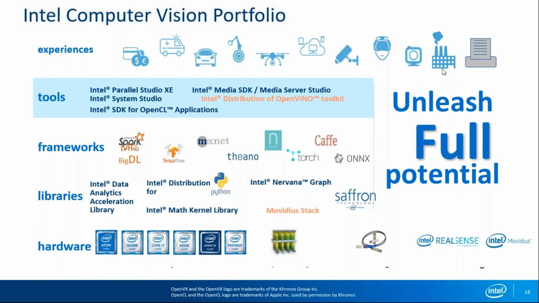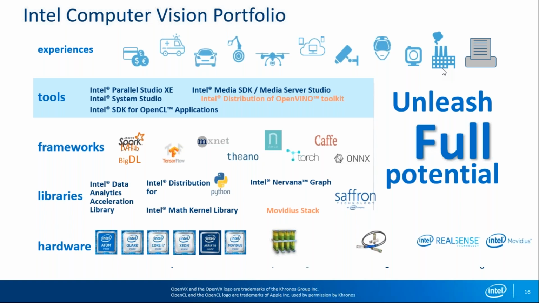Sorry. So this is the Intel Computer Vision portfolio for typical use cases. You can use the TensorFlow framework to train your model. And then once your model is ready, you can use the Intel distribution of OpenVINO toolkit to make the inference for a specific model using different accelerators.